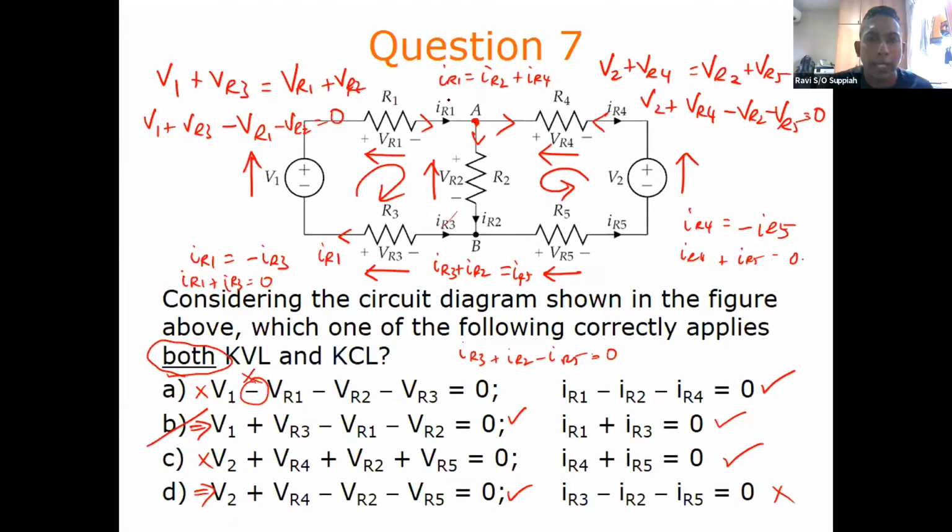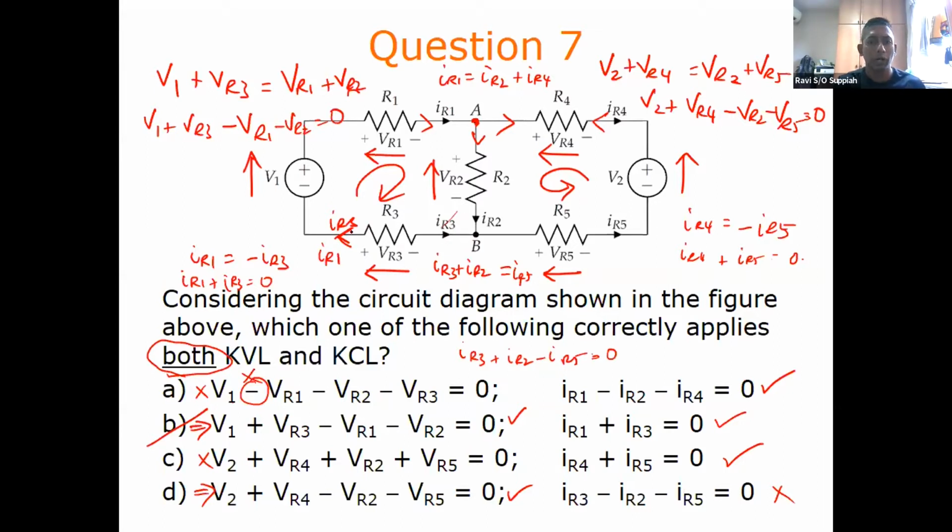So if I say this is IR1, and if I want to declare IR3 in this direction, so if I draw this arrow here and say this is IR3, then I can say IR3 and IR1 are the same, because they are both going in the same direction and in the same branch.